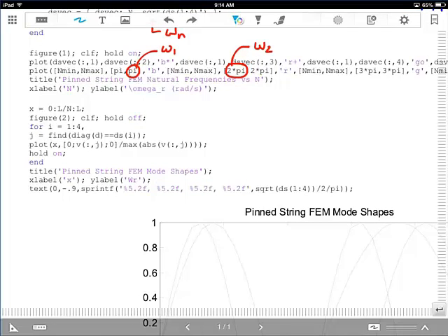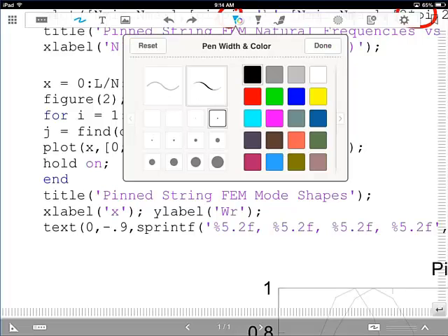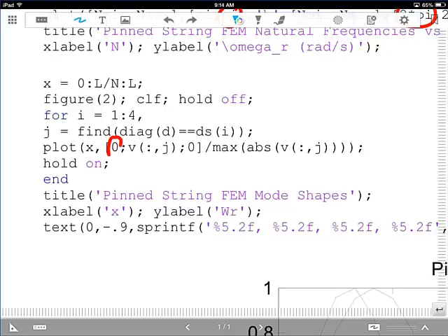So the first element is 0, the last element is L. Now remember, we took out the first and last rows and columns, so when you plot the actual mode shape, let's use red here, this is x equals 0, and this is x equal L. You have to manually put in the two values at x equals 0 and L, because we didn't solve for those, so those are not part of the eigenvector.